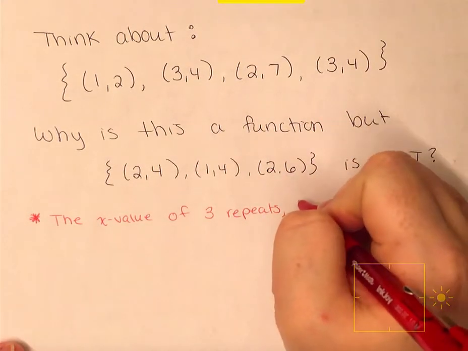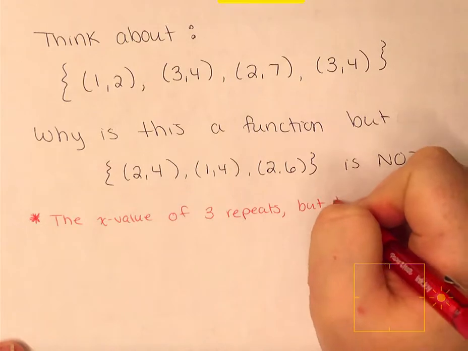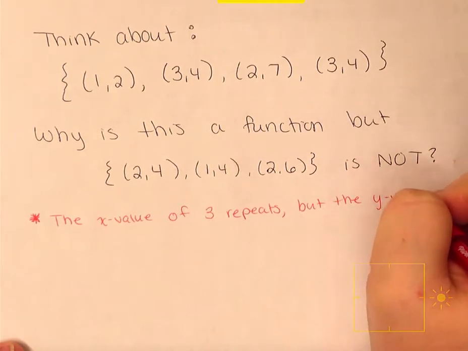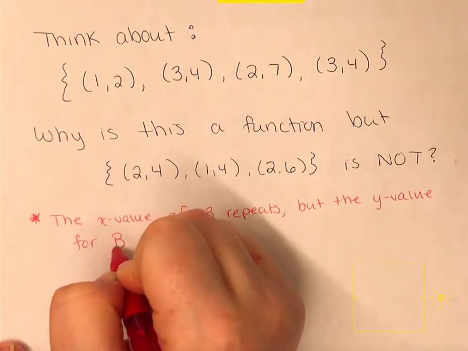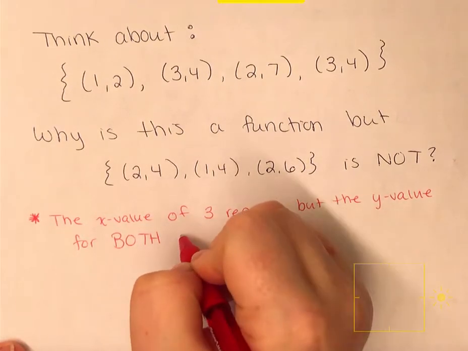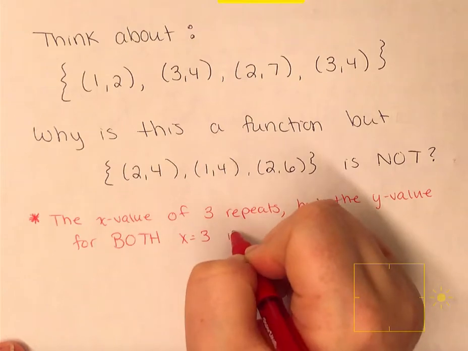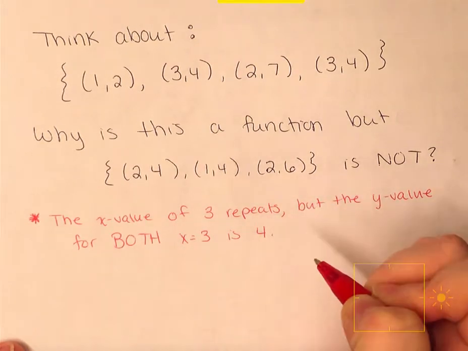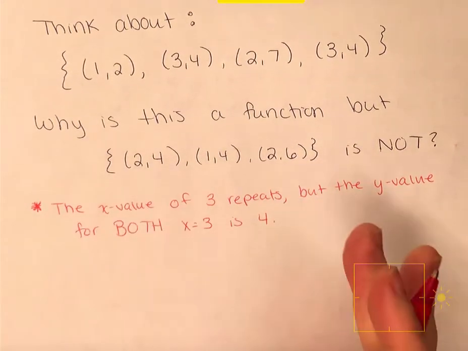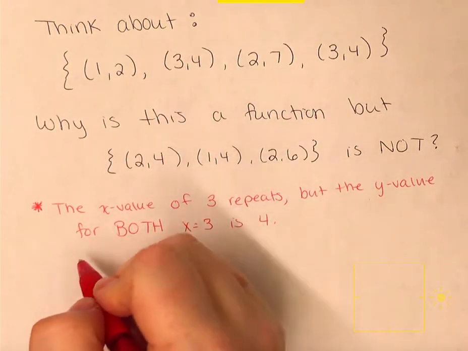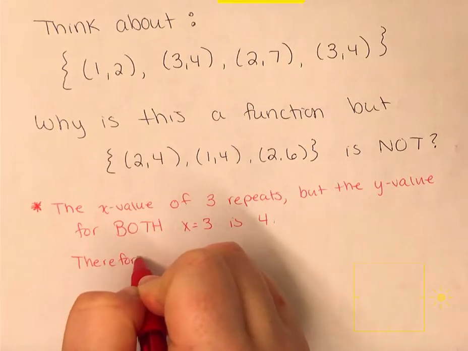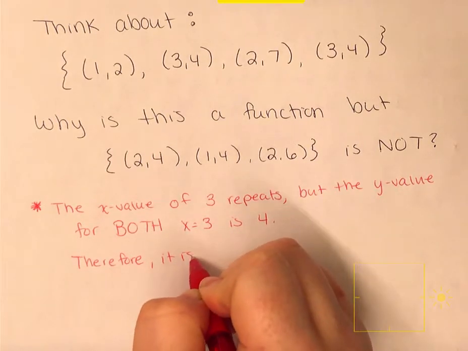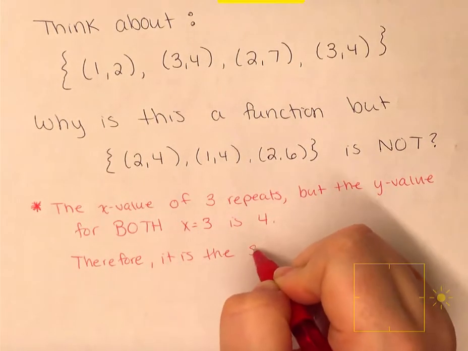So we can say, but the y value for both x equals 3 is 4. So what does that mean? They're technically the same coordinate. So I'm going to put therefore it is the same coordinate.